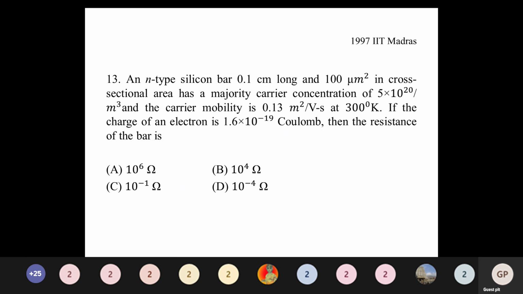If the charge of an electron is 1.6 into 10 to the power minus 19 coulomb, then the resistivity of the bar is. So they are asking the resistivity. Resistivity, conductivity, mobility, all these are repeated questions.